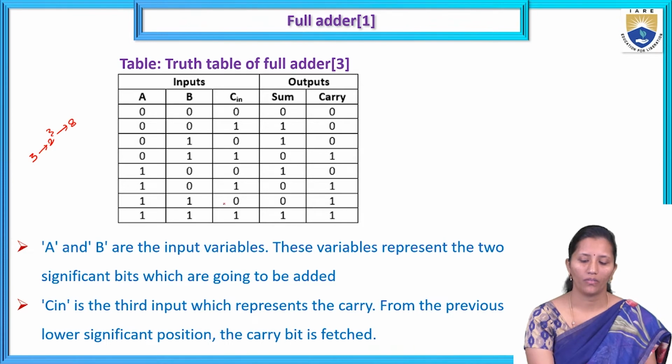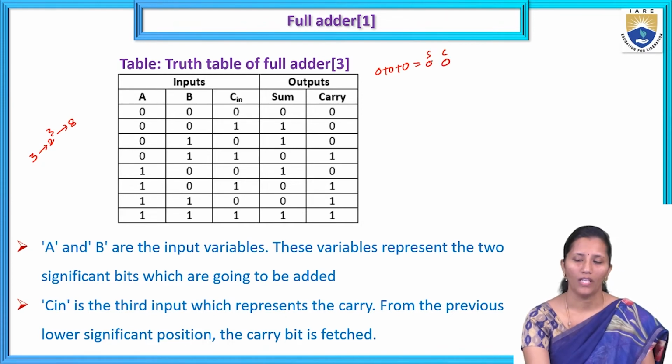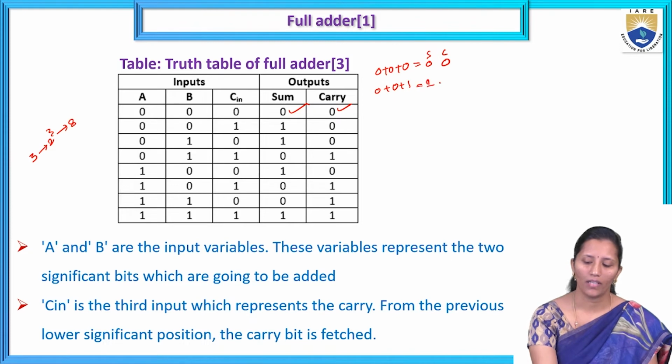For that we have to get the sum and carry. So here 0 plus 0 plus 0. If we are adding all zeros, we will get sum 0, and we are not getting any carry, so carry also 0. For 0 plus 0 plus 1, 0 plus 0 is 0, 0 plus 1 is 1, so sum is 1. We are not getting any carry, carry is 0.